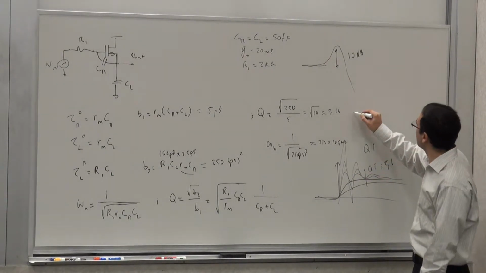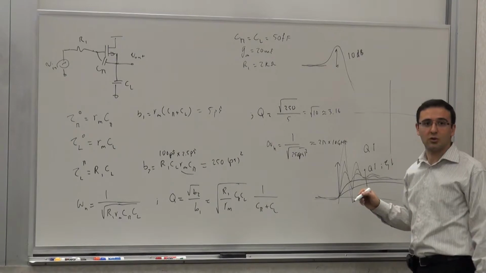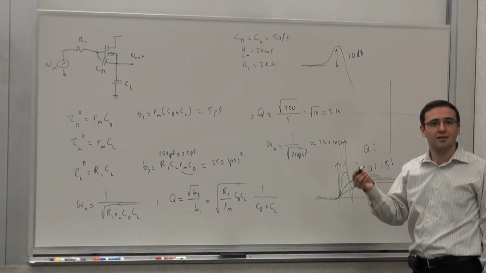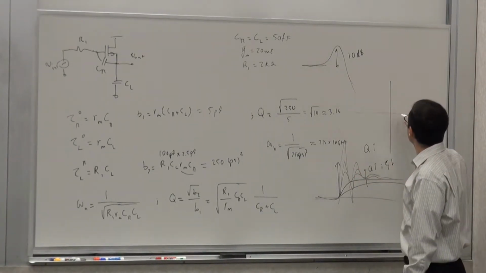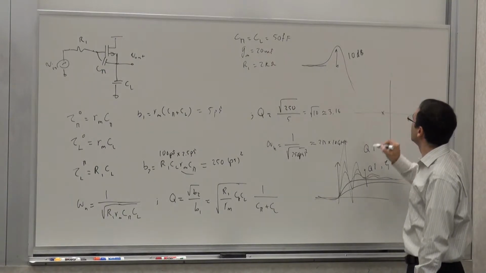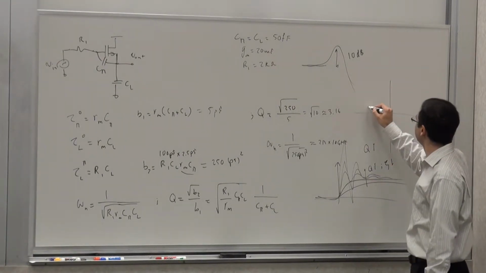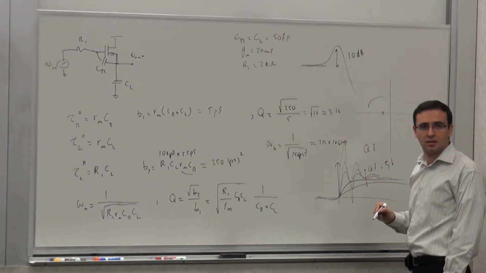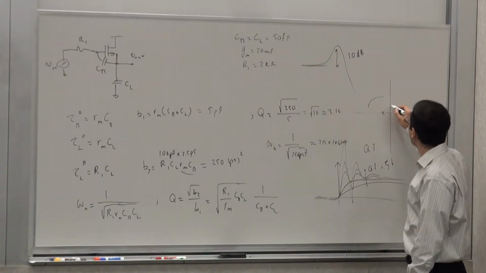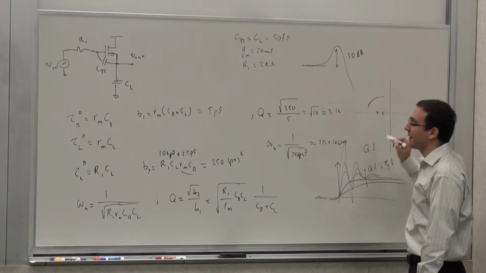In other words, you remember where the poles were and we looked at the step response, when we were talking about the frequency? Initially, if you have a pole that's sitting there, the step response is going to be like that. Now, if you have two of them, you can still get something like that.